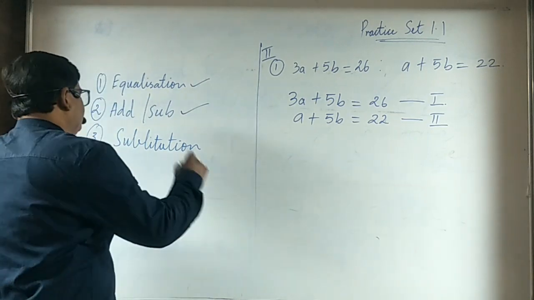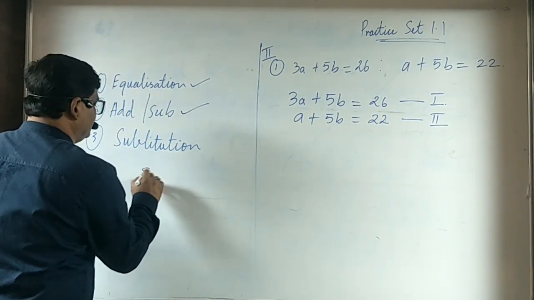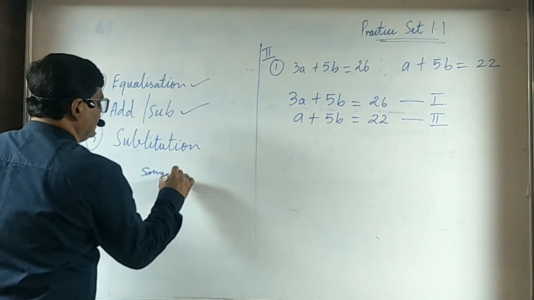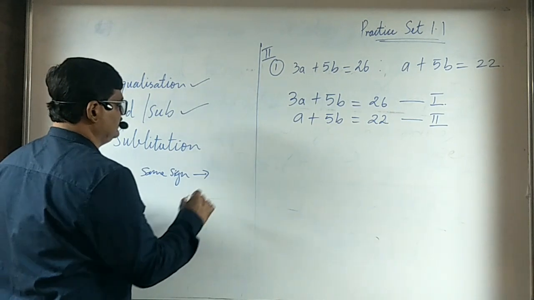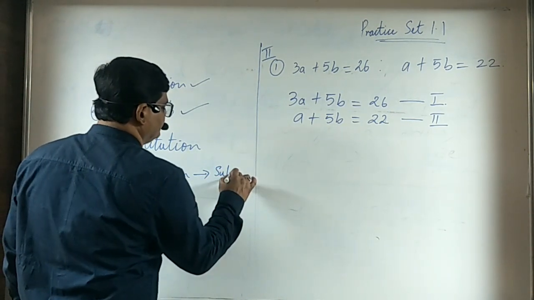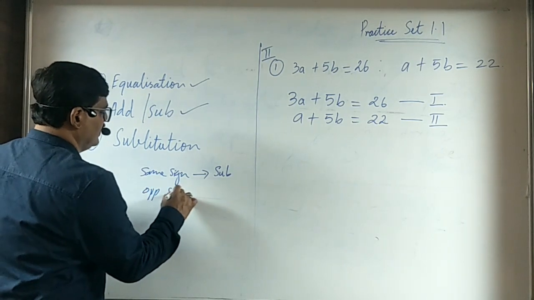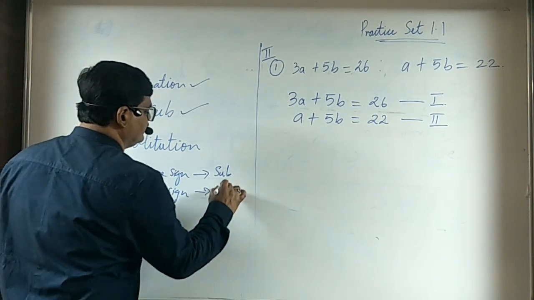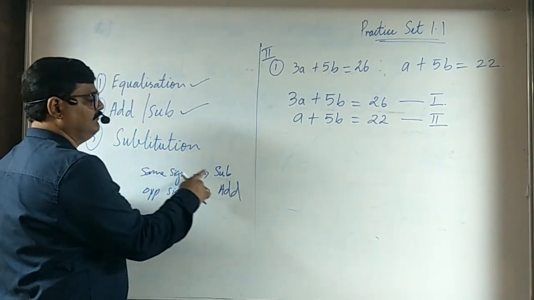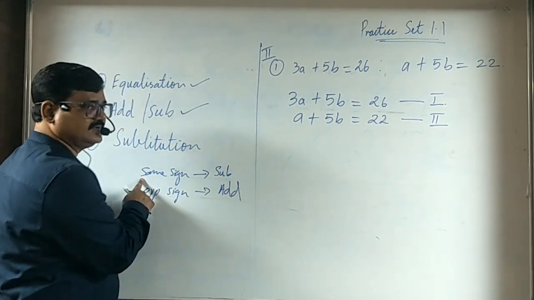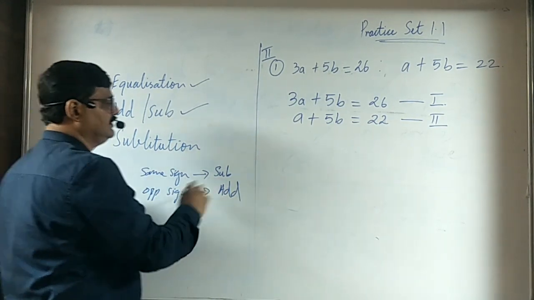If they have the same sign, in this case the subtraction has to be done. Same sign, you subtract; opposite sign, you add. S for same, S for subtraction. And if they have opposite signs, then you have to add.